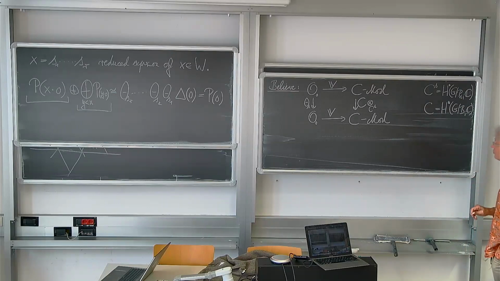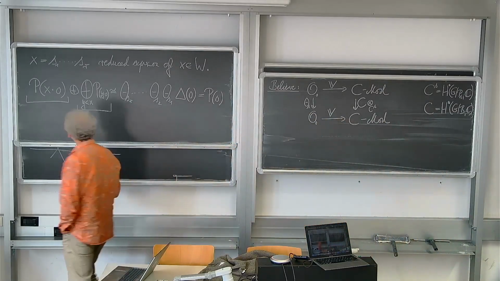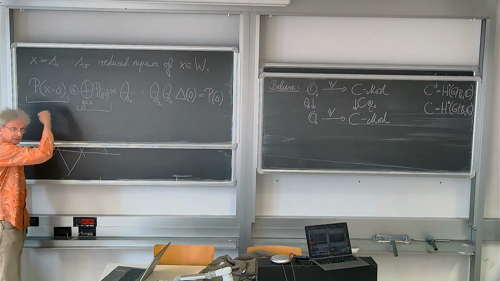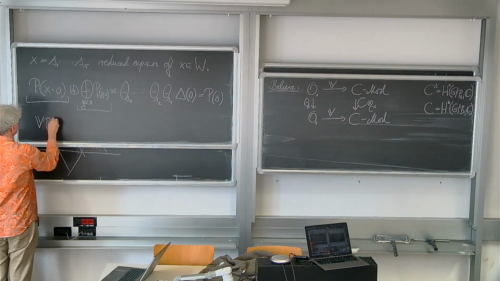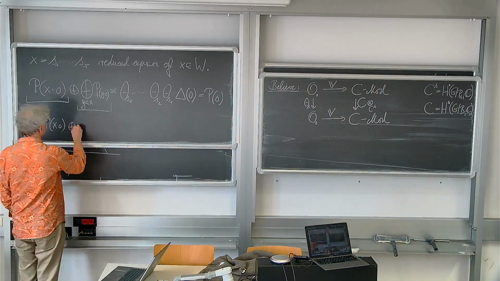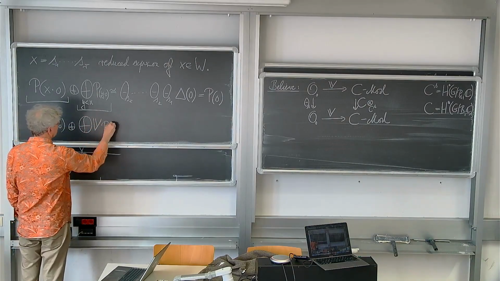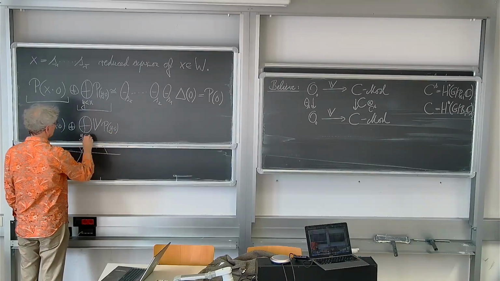Okay. So if you believe this, then you can put a V here to this description, and you find that V_x is E_x dot 0 plus some smaller V_y of 0, but y is smaller than x.